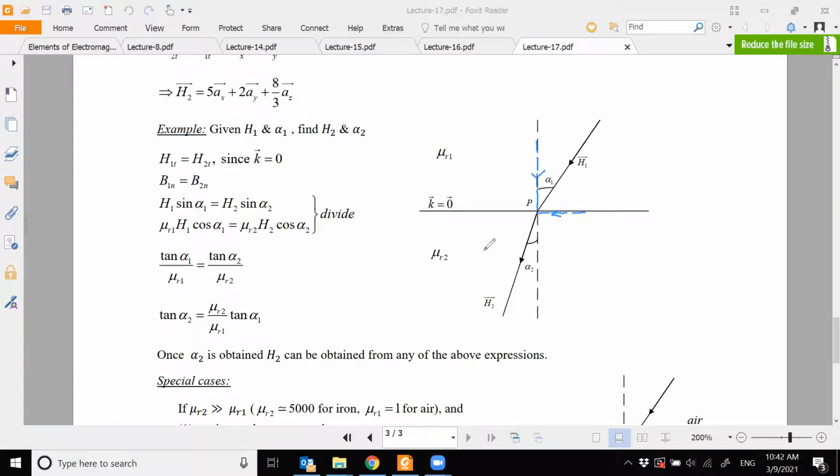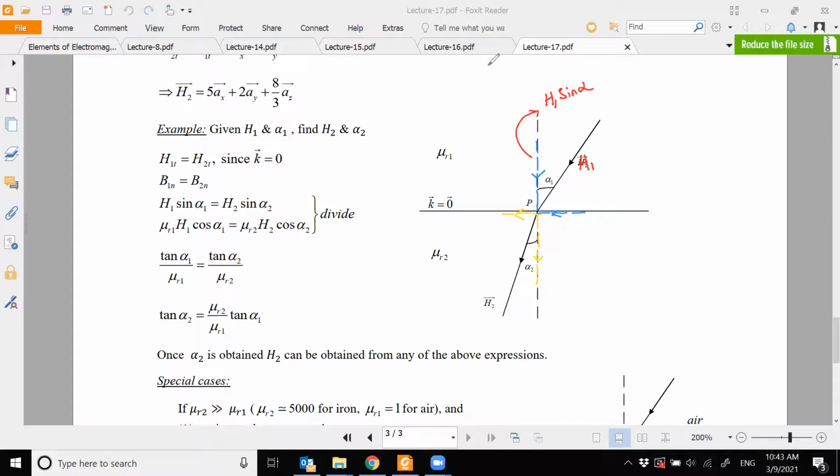Here also I can do the same thing for the second region. If the vector magnitude is H1, then this will be H1 sine alpha, right?